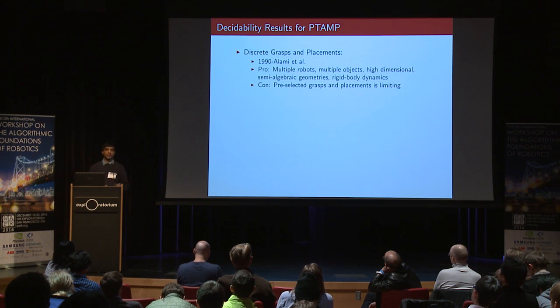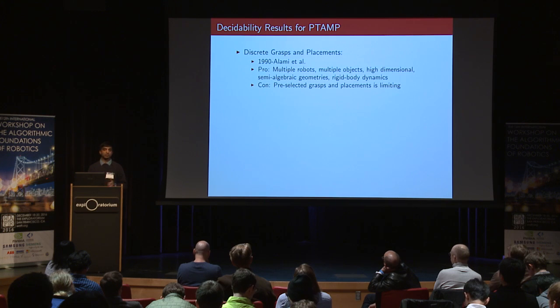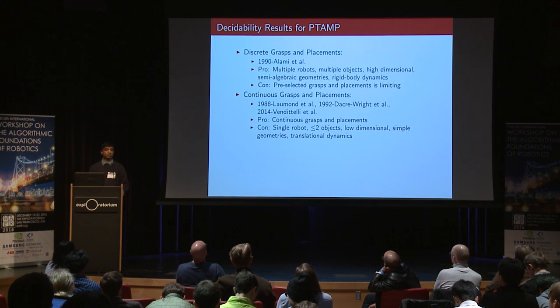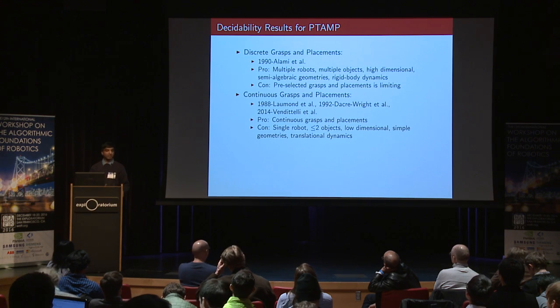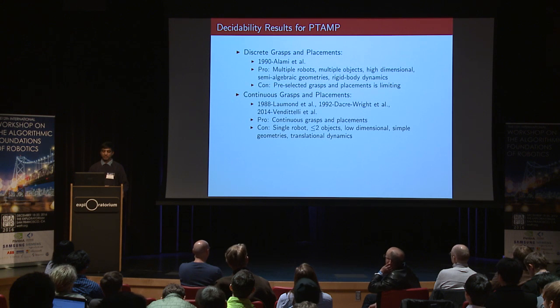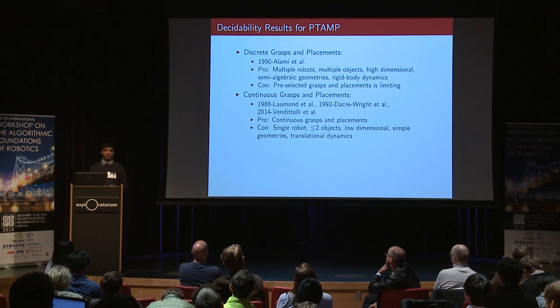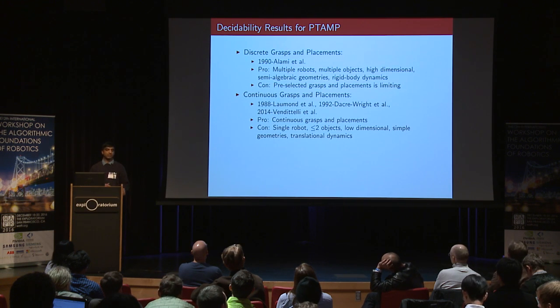The only problem is that we have to pick all the grasps and placements a priori, which is tough. If we assume we have continuous grasps and placements, then the planner does that job for us, which is great. But the results are a little bit weaker in this case because all the existing results can handle a single robot, at most two objects, generally in a two-dimensional space with very simple geometries and just translations for dynamics.